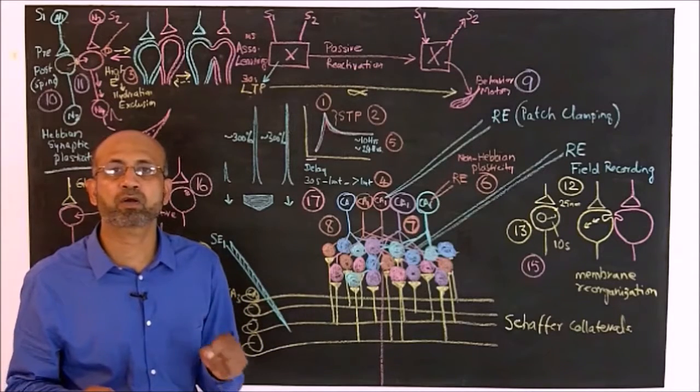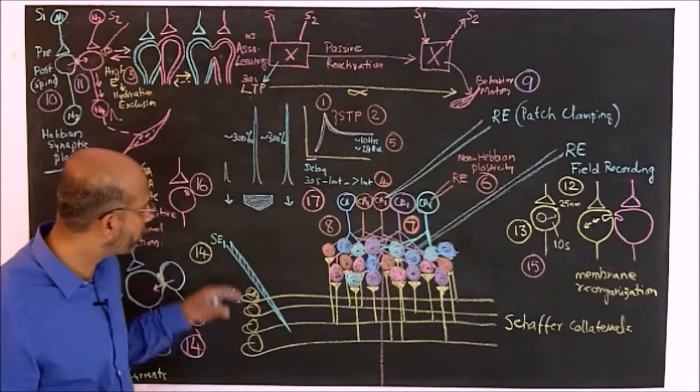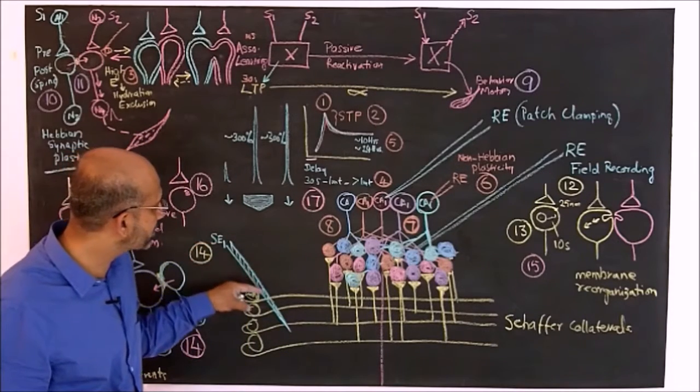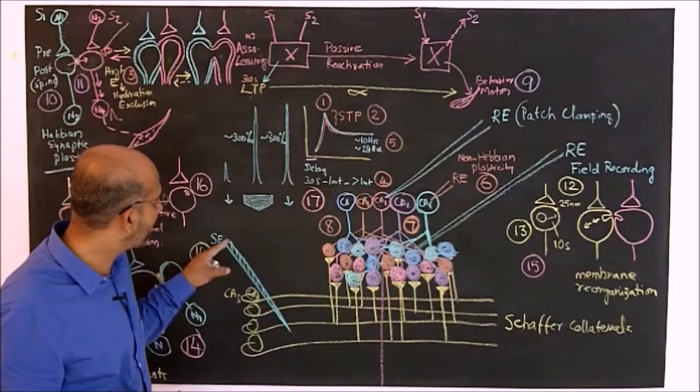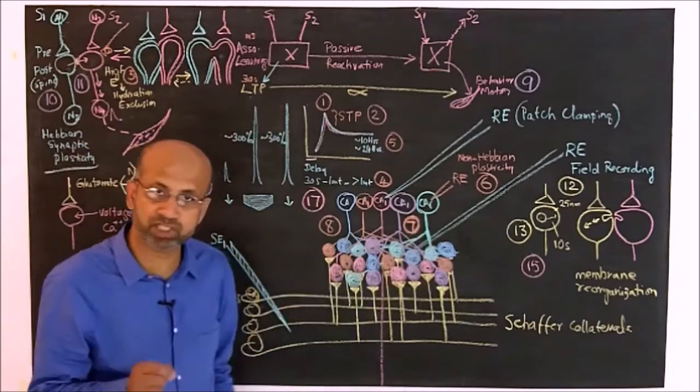Now we will see some of the features of long-term potentiation that were explained previously. One is called cooperativity. Cooperativity means a threshold stimulus intensity is required at this stimulating electrode to induce long-term potentiation.